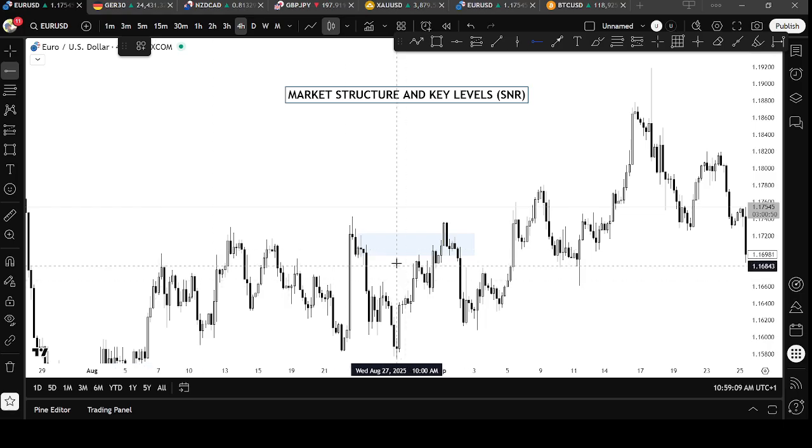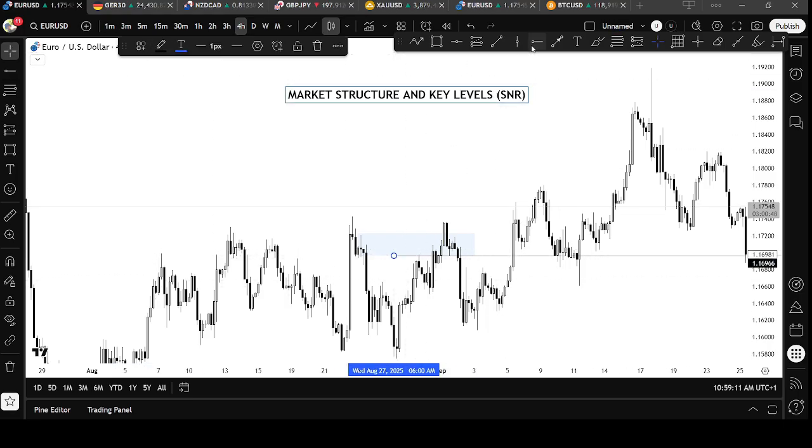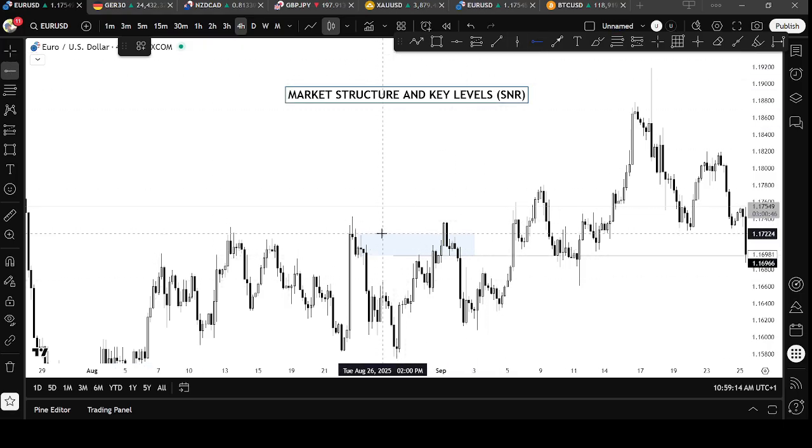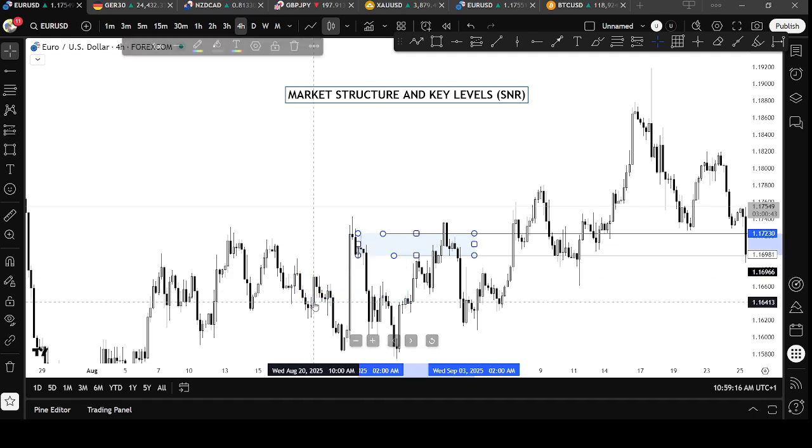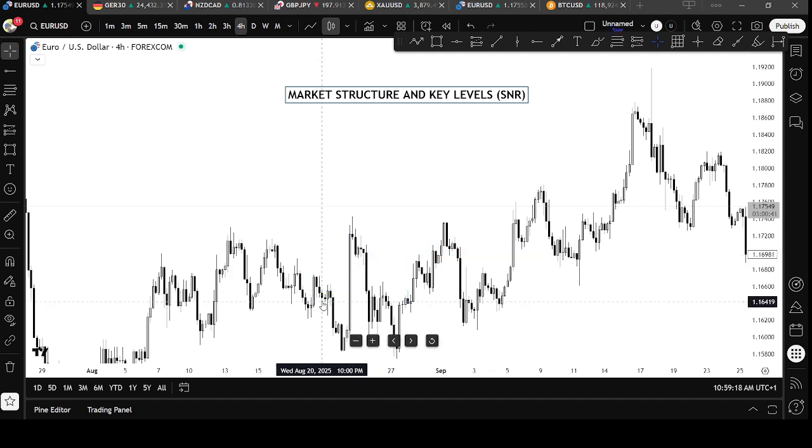My supply is between this low and this high, right? So supply and demand or other blocks are usually a particular price range. The price might be, for example, from 1.80 to 1.90. The whole of that level will be your supply or your demand or your other block.